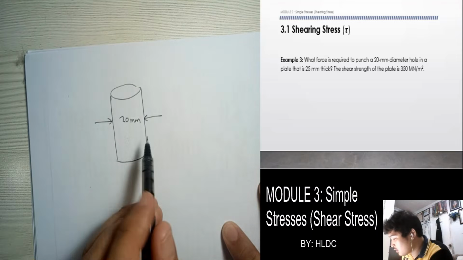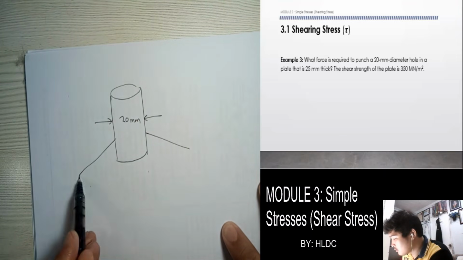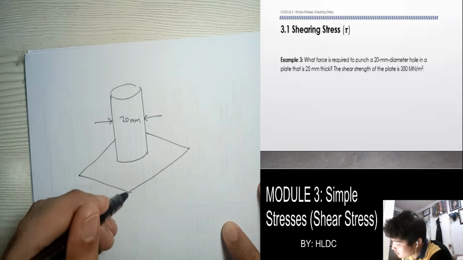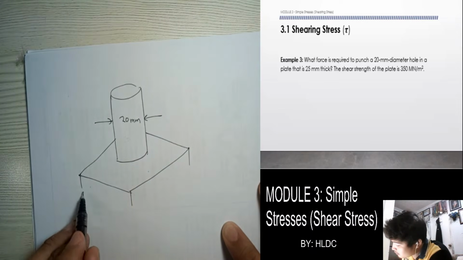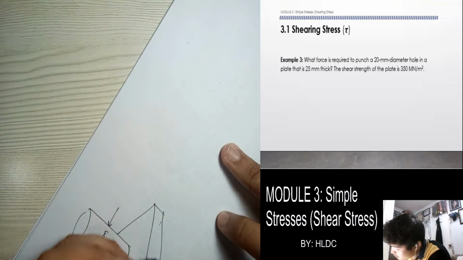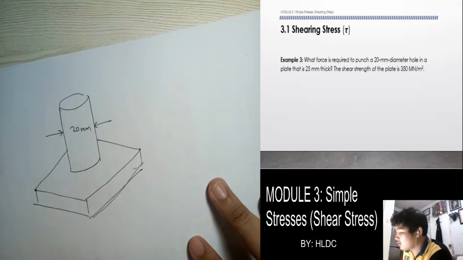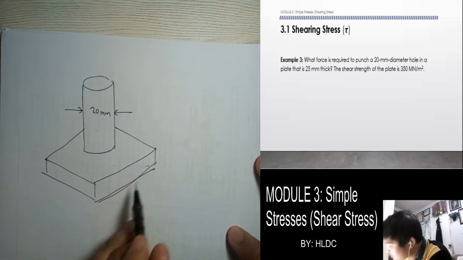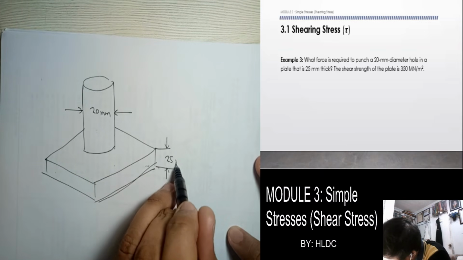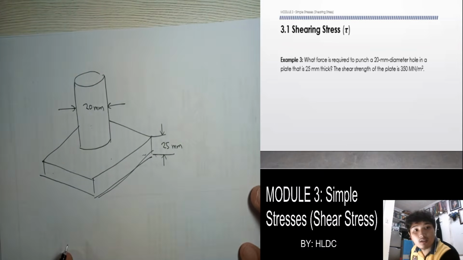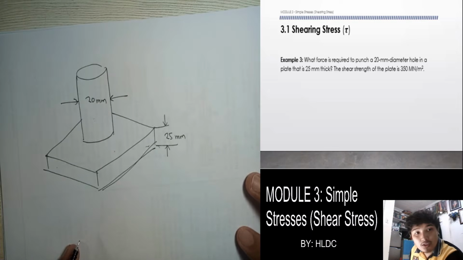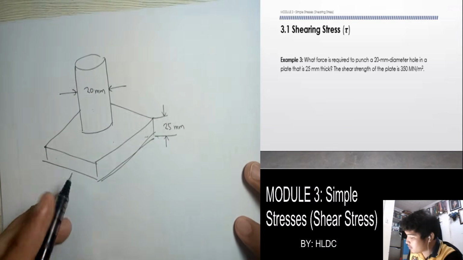Okay, and then ito let's say yung plate. So sabi dito this plate is 25 mm thick. And then binigay daw yung shear strength ng plate. So itong plate na to meron siyang shear strength.